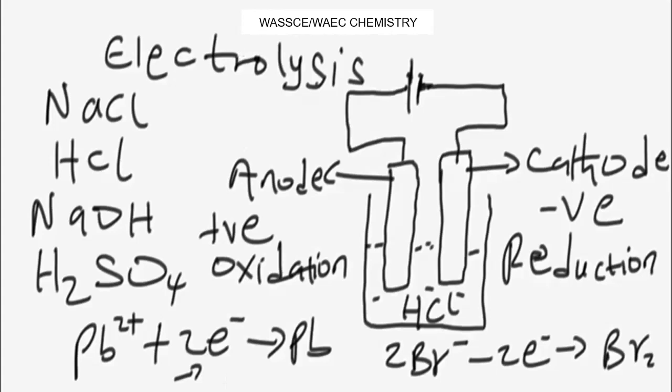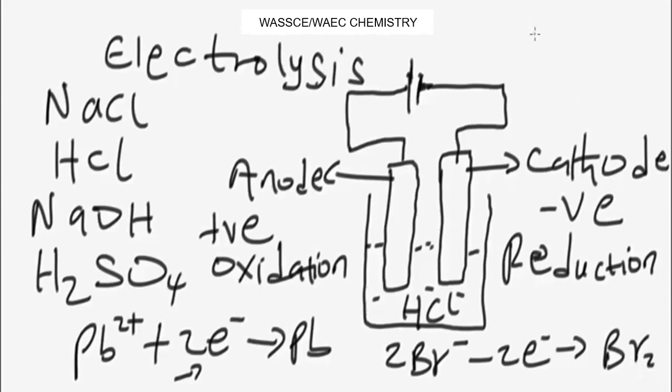Note again, before I call it a class, that when negative ions in the electrolyte move towards the anode, the positive electrode, and get oxidized by losing electrons, the kind of atom they form is a molecule. So they form a gas. For instance, the bromide ion forms a molecule, bromine gas.